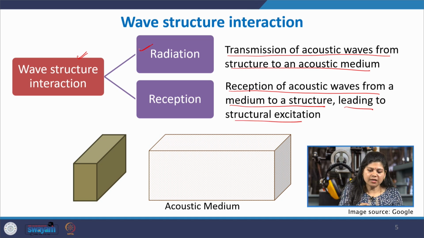We will study radiation in detail, but reception we will limit to a brief description in this course, as the detailed description of reception is out of scope for an introductory course on noise control in mechanical systems.